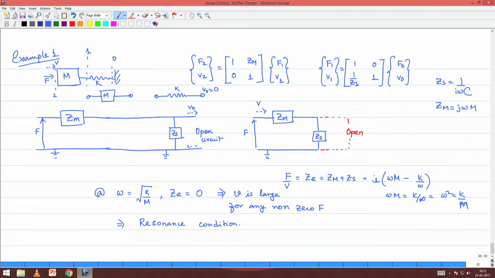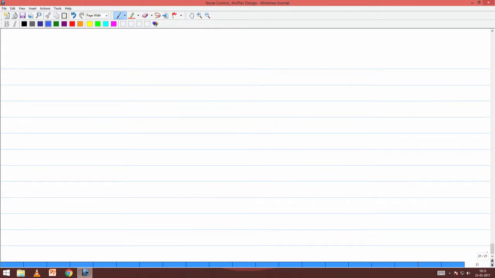So, therefore, it is trivial to find the transfer matrix relating station 2 to station 0, right.